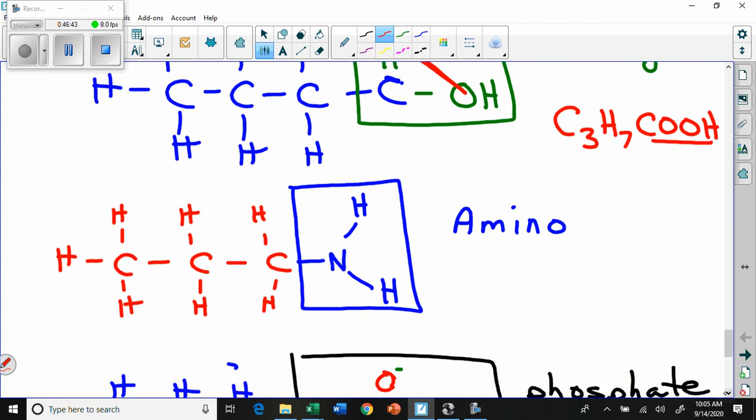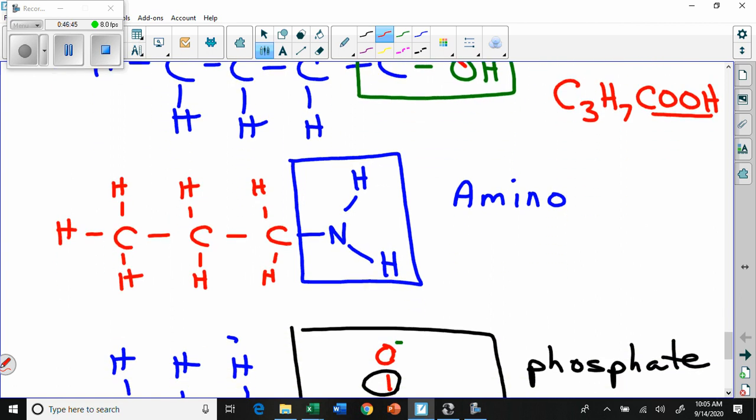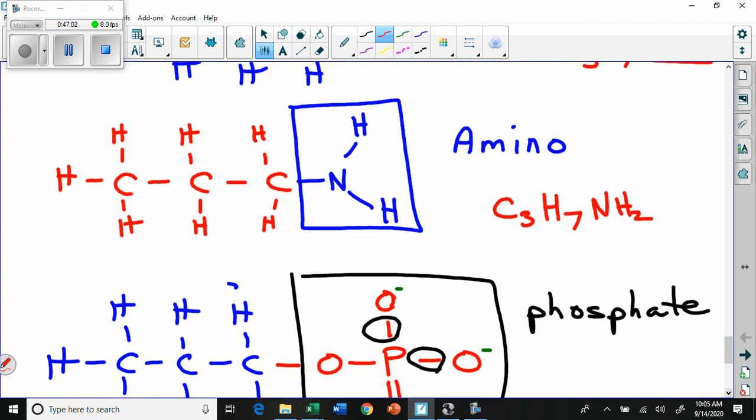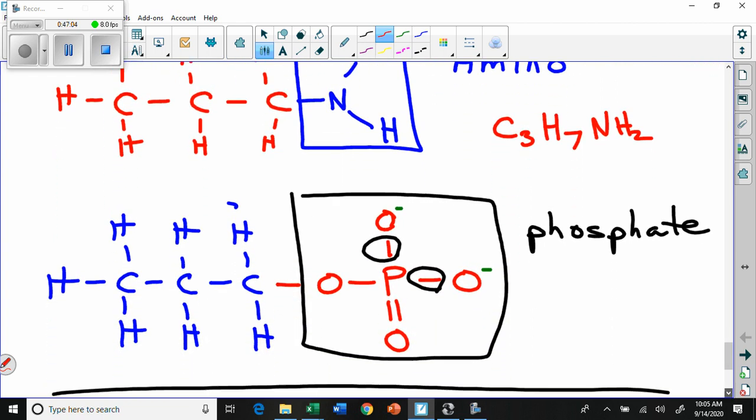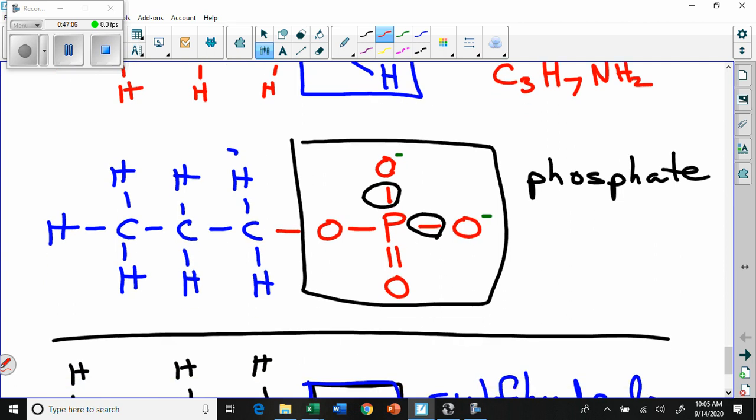The amino group can be written as NH2. That's what it is, 2 H's on N. So this could be C3H7, and then NH2 written on the end as the functional group, like that. And then the phosphate is the PO4. I know I'm going fast, but it's pretty obvious, and you can probably go back and figure this out on your own.